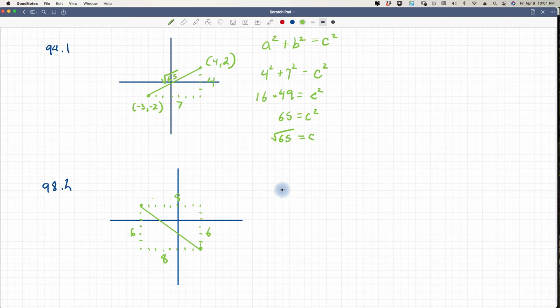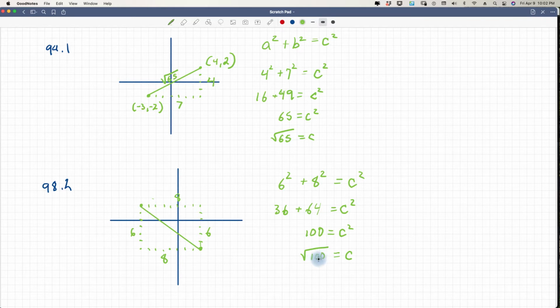So we can drop in those numbers. 6 squared plus 8 squared equals c squared. 36 plus 64, that's 100, equals c squared. The square root of 100 equals c.